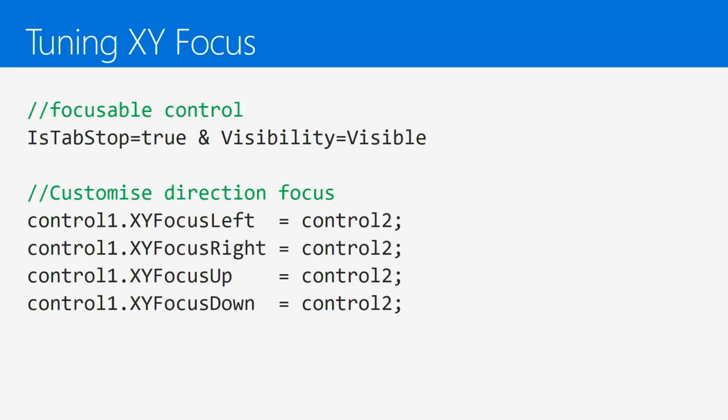You can also override the directional focus with these direction focus properties. So you might have an odd layout in your app and it's not a perfect grid, so you can tell a specific control what should be on the left of it, what should be on the right of it, so that a user is helped through the app experience like that.